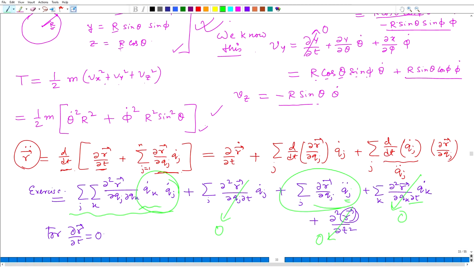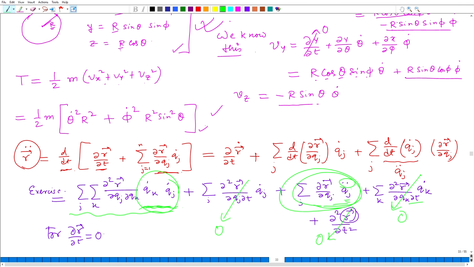So, you will always have some terms which are quadratic, for example, r dot theta dot, or r theta dot square, that is also a quadratic term in dots, and also you have terms where you have double dot, for example, r theta double dot or r double dot.